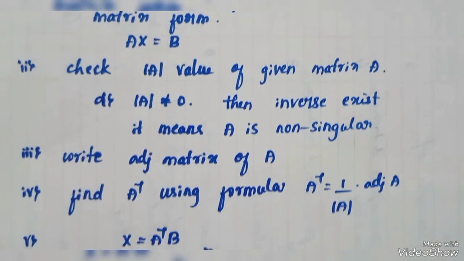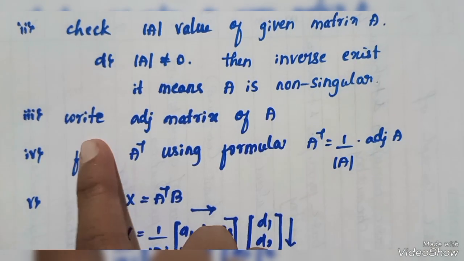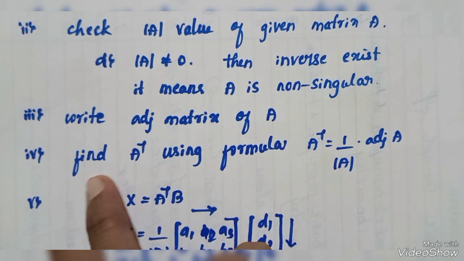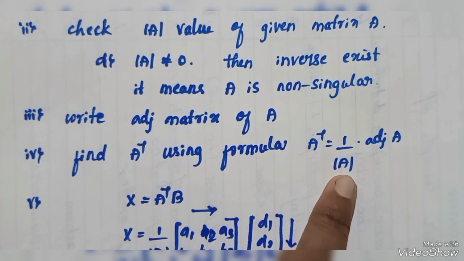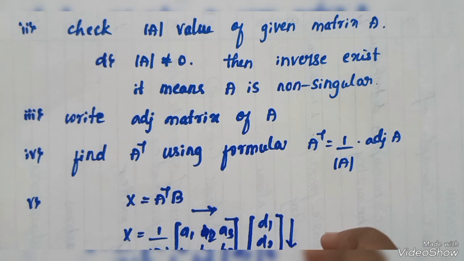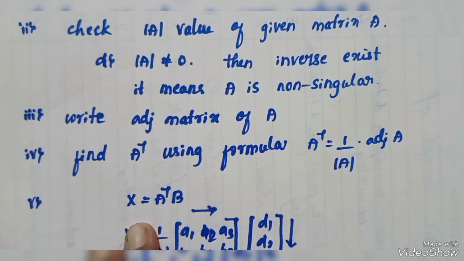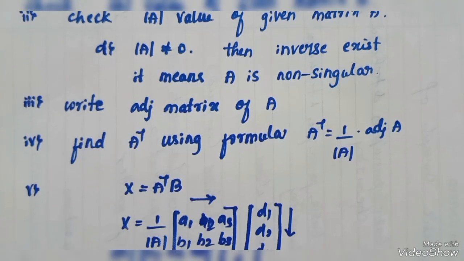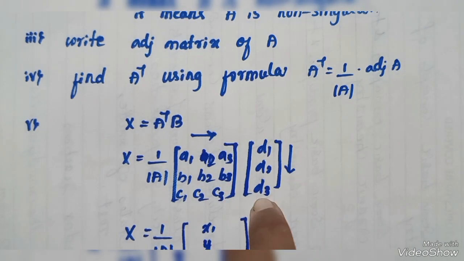Otherwise there is no solution. Next, in the third step, write the adjoint matrix of A. After that, find A inverse using the formula. After that we have to substitute x is equal to A inverse into B. Then we get 1 divided by determinant, the adjoint matrix of A, and the B matrix containing the values d1, d2, d3.